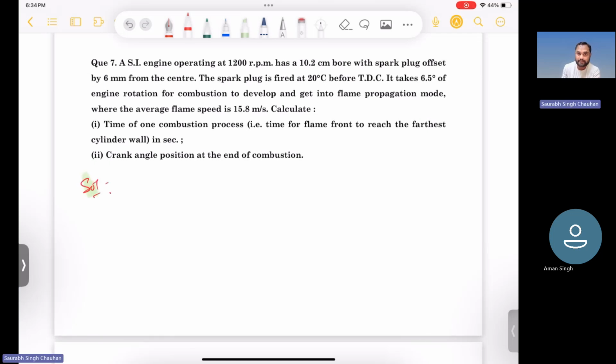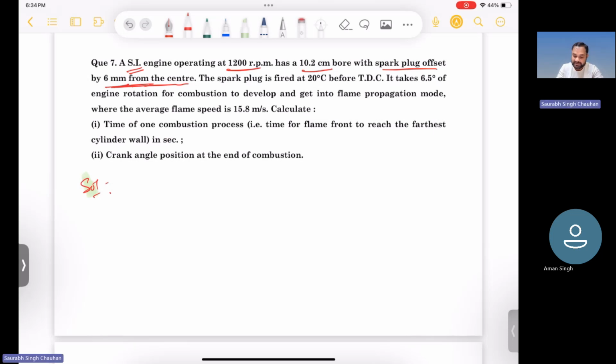So the question is saying that there is a SI engine, spark ignition engine. Engine speed is given. Bore is given. Bore is basically cylinder diameter, right? And spark plug offset is 6 mm from the center. Okay, so spark plug is not at the center, right?